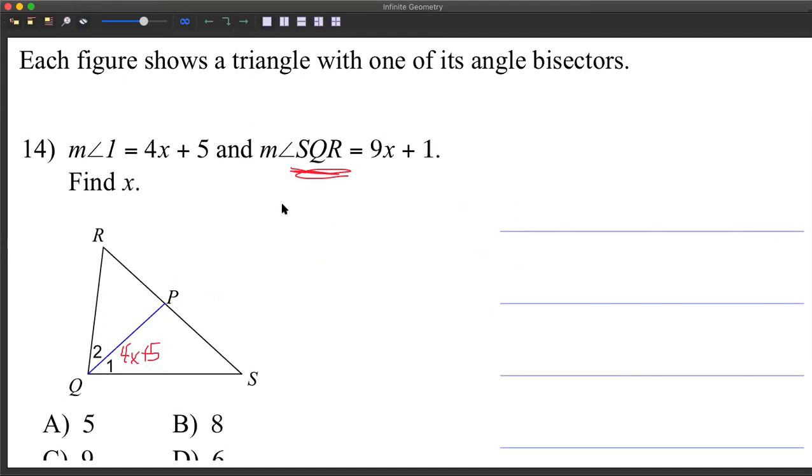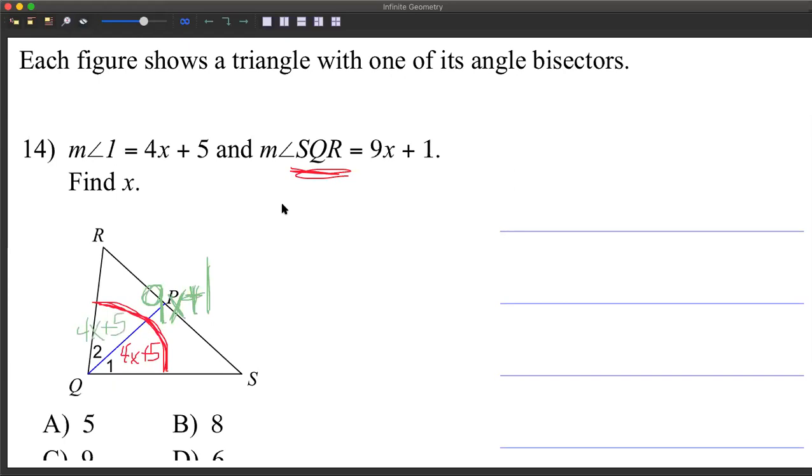The whole thing. Well, they're not equal. Please do not set them equal to each other, because you're going to get that wrong. What is true is that angles 1 and 2 are equal. So angle 2 is also 4x plus 5.